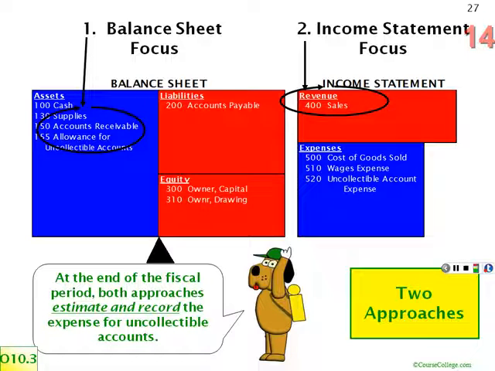I want to assure you, if you determine that it is the balance sheet focus, then get on that balance sheet and stay there and don't worry about what's happening on the income statement. If you're sure it's an income statement focus problem, you're standing on the income statement, don't worry about what's on the balance sheet. That's the one, unfortunately, the one that we have the biggest problem with is the income statement focus. We try to consider the balances over here. And now, having said that, you probably won't really remember what I said until we do some problems. But let's go further here and see what's up.